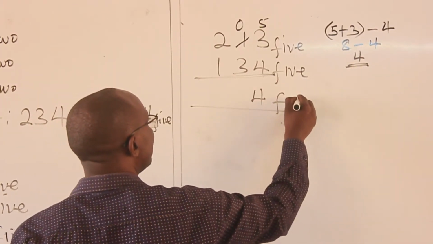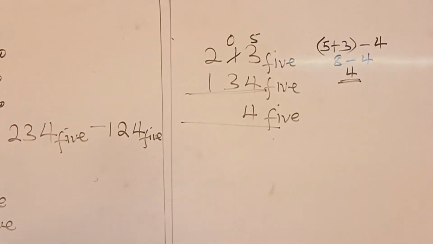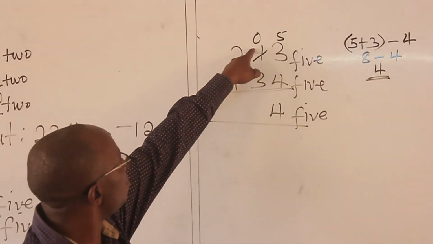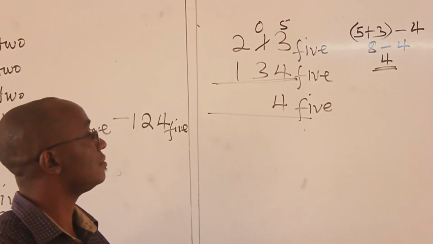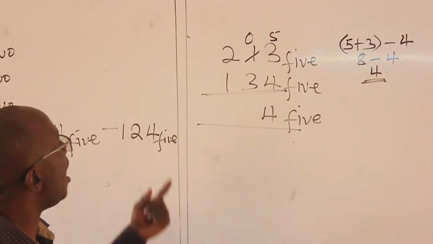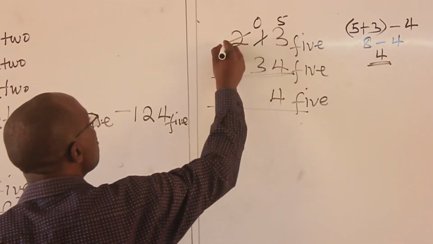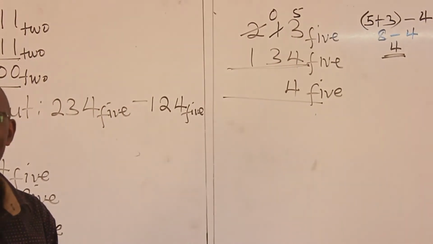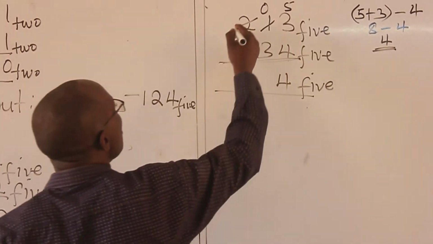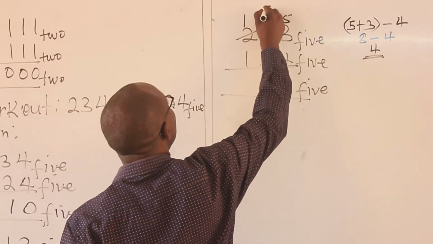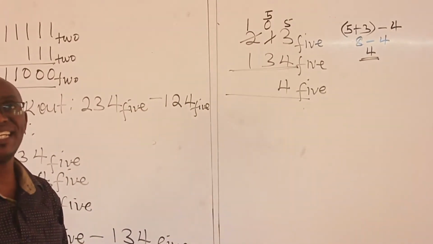Don't forget to indicate the base. So I move to the next. 0 minus 3 is impossible. So I move to the next place value and I borrow. There are 2 fives. When I borrow 1 five, I remain with 1 five, but I have taken a 5.